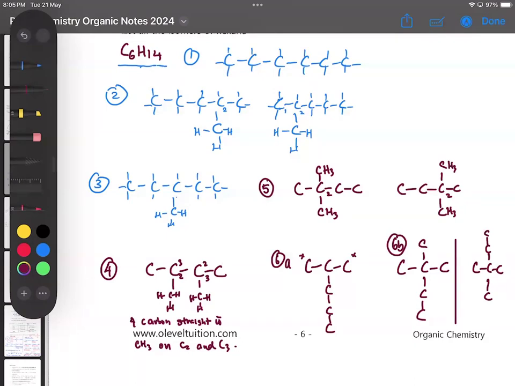The duplicate here is 6A is actually number 2. 6B is actually number 5. Anyone needs me to explain why 6A is actually number 2 and 6B is actually number 5?